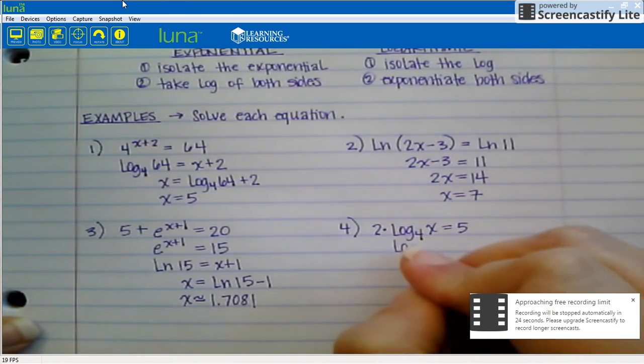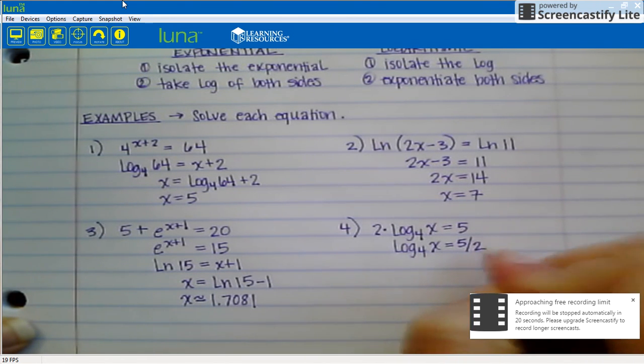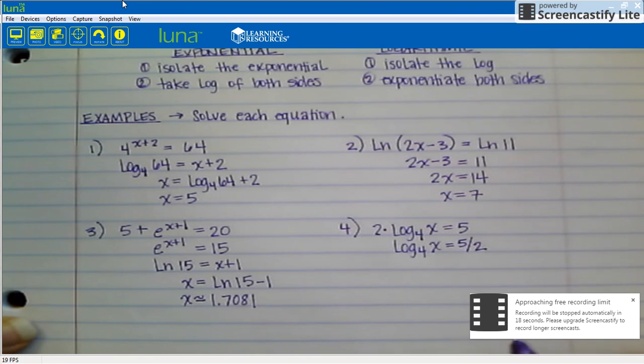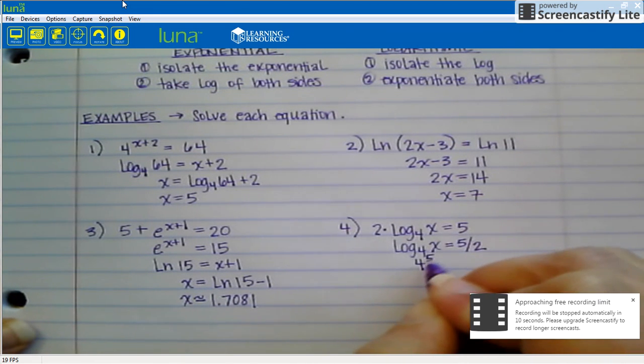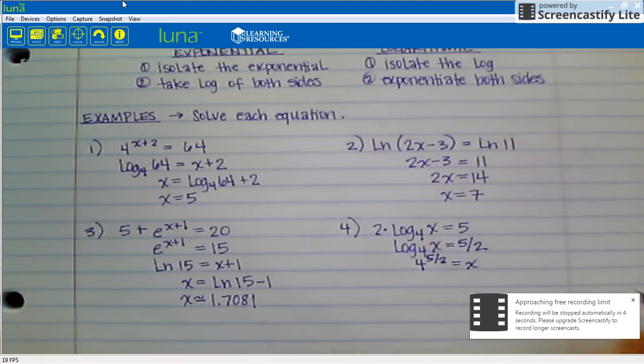So I have log base 4 of x is equal to 5 over 2. And then I'm going to exponentiate both sides. So that means I'm going to rewrite using an exponential. So this is going to be 4 to the 5/2 power equals x. And then at this point, I let the calculator do the work. And so x is going to be equal to 32.